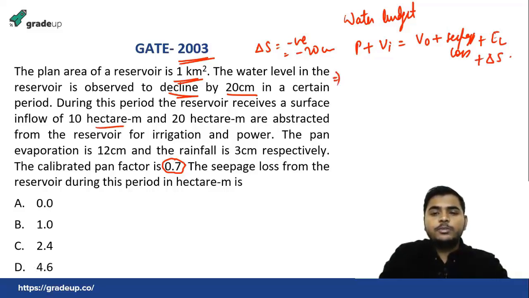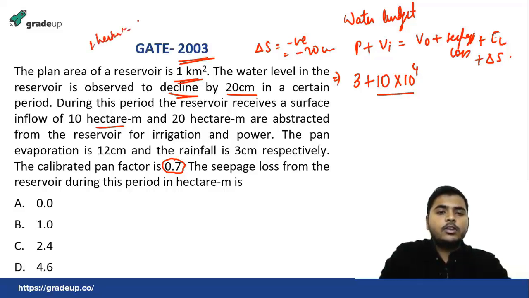So let's put the values. Precipitation is given as 3 centimeter, plus the volume inflow. So 10 hectare meter, let's convert this into meter: 10 into 10 to the power 4 meter. 1 hectare is equal to 10 to the power 4 meter square, so 10 to the power 4 meter square into 1 meter, this is the volume in meter cube.